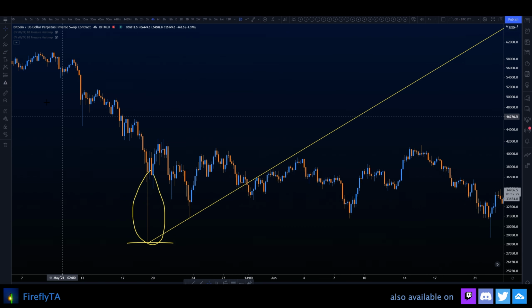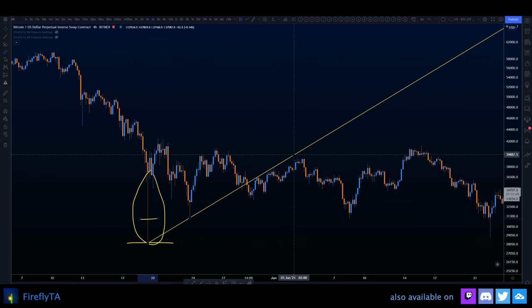You probably have a wick to like 30K on a spot exchange, for example. If you look at Bitstamp or Coinbase, not all wicks go down to 28K. And this is a huge problem, because if you try drawing a pattern based on a wick that was produced in a capitulation scenario like this, then you will run into problems, because this trend line is not an accurate representation of the rising support in this area.